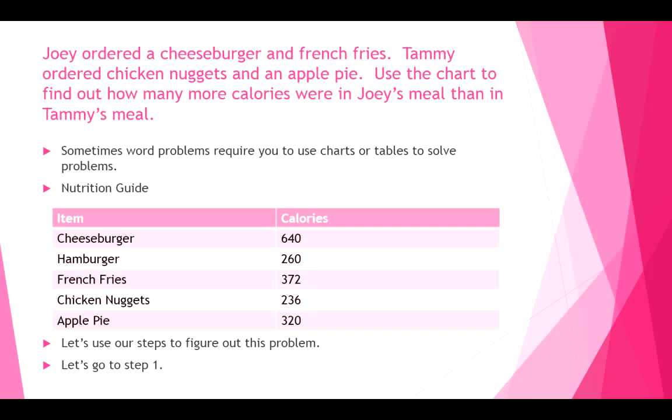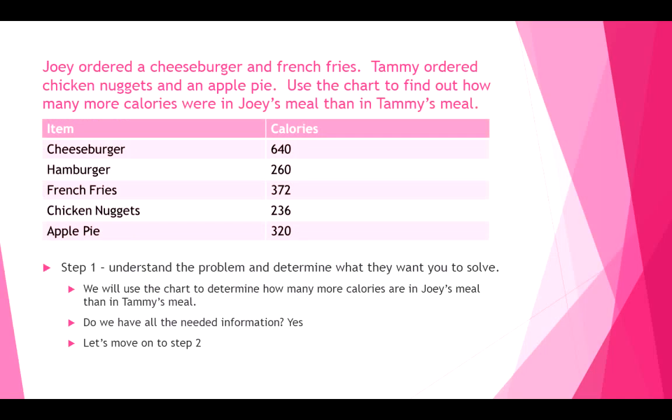So let's use our steps to figure out and to solve this problem. Let's go to step 1. Step 1, understand the problem and determine what they want you to solve for. So our problem is saying that Joey ordered a cheeseburger and french fries, Tammy ordered chicken nuggets and an apple pie, and they want us to use this chart to determine how many more calories were in Joey's meal than in Tammy's meal.